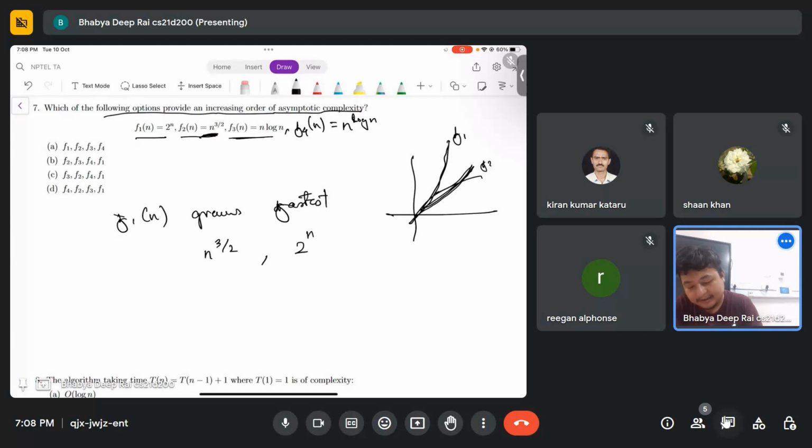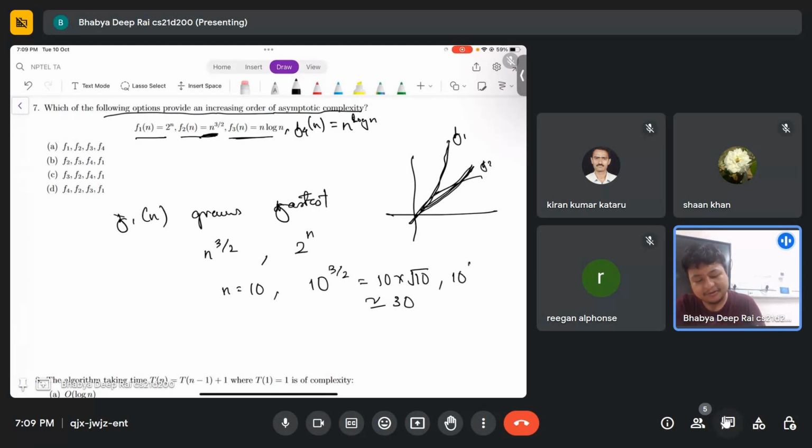If n equals 10, then you have 10 to the 3 by 2, which is something like 10 times root 10, and root 10 is 3 point something, so it's around 30.